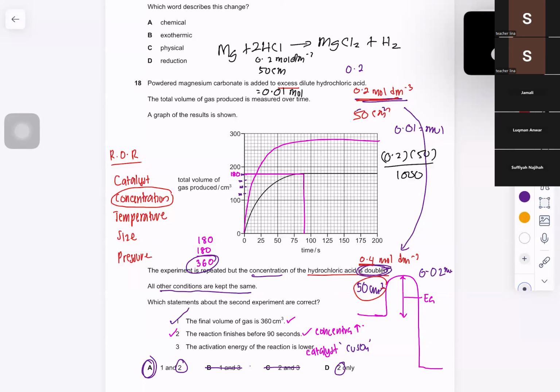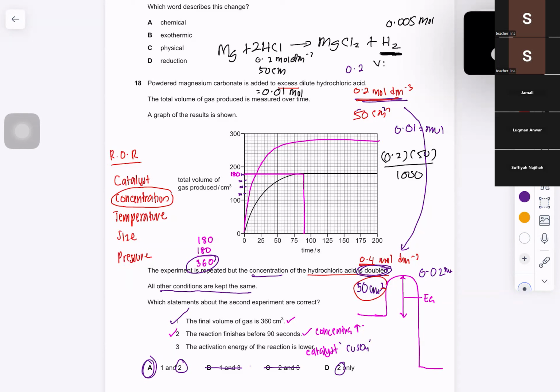Okay. Kita relatekan dengan H2, the product of H2. Sebab dia kata volume of hydrogen, volume of gas kat sini kan? Okay, kalau kita kira volume dia, 0.01, I divide by 2. Okay, and then sini you can dapat 0.005 mol, betul?